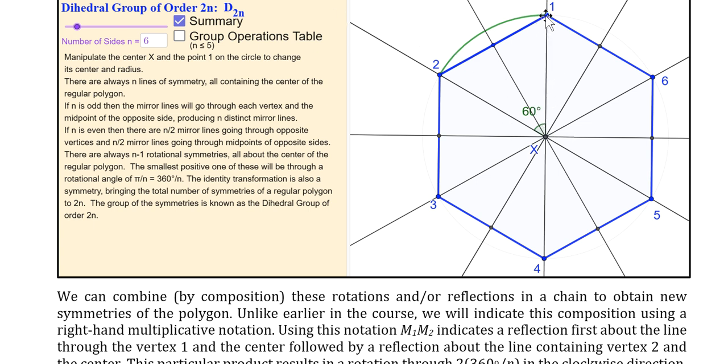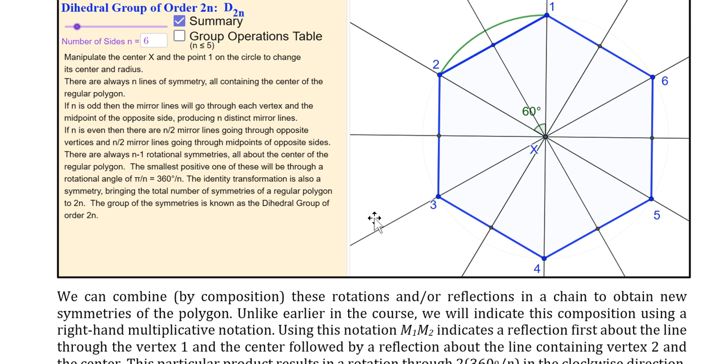If I rotate this by 360 degrees over n in the positive direction, vertex 1 goes to the location of vertex 2. Vertex 2 will end up where vertex 3 was. Vertex 3 will end up where 4 was. 4 will end up at position 5. 5 will end up at 6, and 6 will end up at 1.